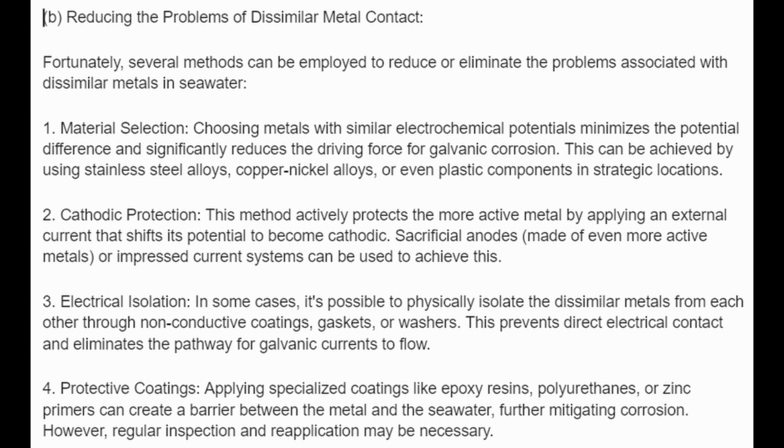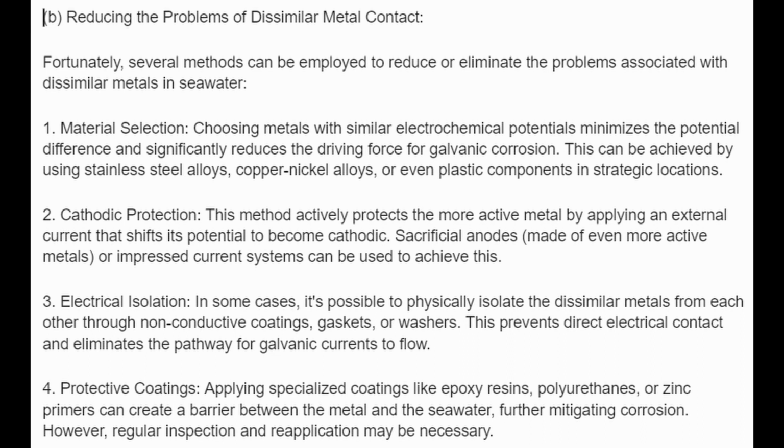1. Material selection. Choosing metals with similar electrochemical potentials minimizes the potential difference and so significantly reduces the driving force for galvanic corrosion. This can be achieved by using stainless steel alloys, copper-nickel alloys, or even plastic components in strategic locations. 2.